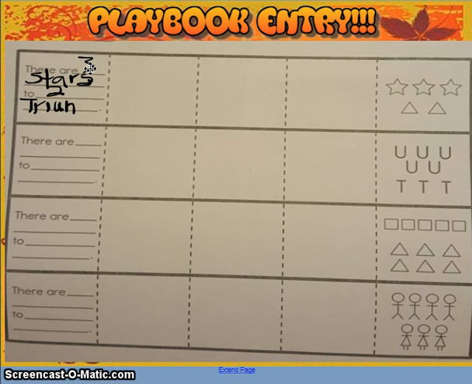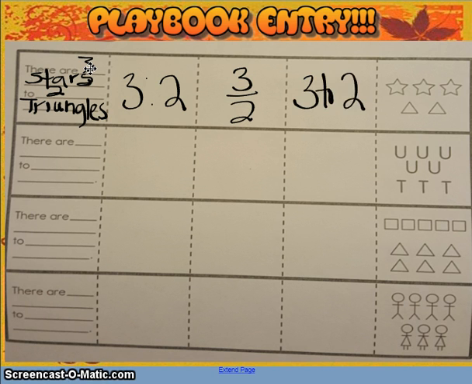And my stylus is not working with me here. And then I would write it the 3 different ways that I had it. It was 3 to 2, 3 to 2, 3 to 2. I'm going to do that for all of these here.